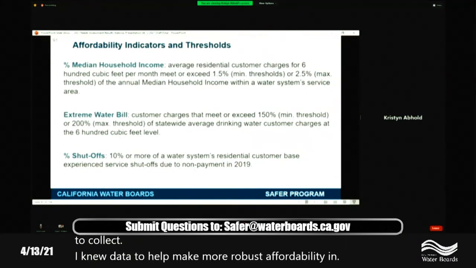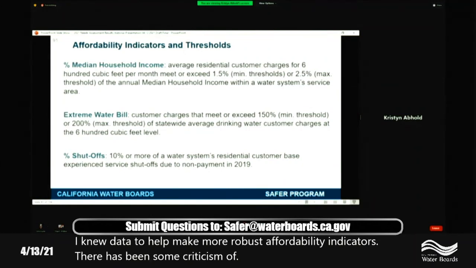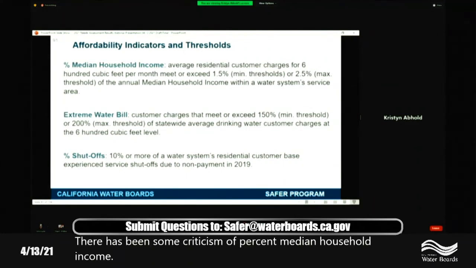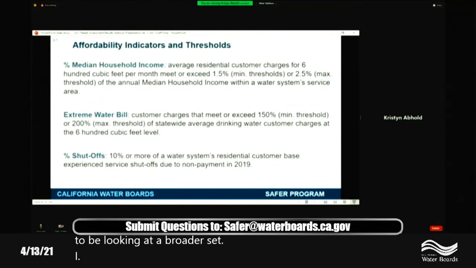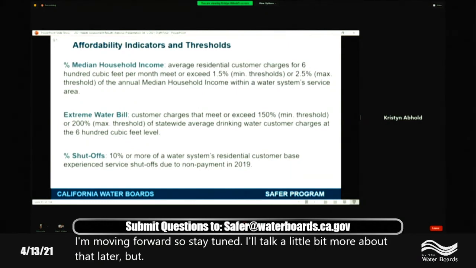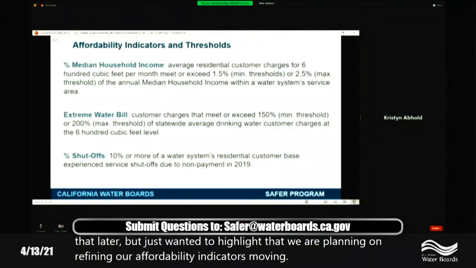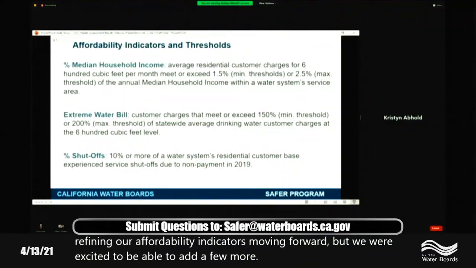There has been some criticism of percent median household income as an indicator for affordability, and so we definitely want to be looking at a broader set moving forward. So stay tuned. I'll talk a little bit more about that later, but just wanted to highlight that we are planning on refining our affordability indicators moving forward. But we were excited to be able to add a few more this year compared to what we had last year.